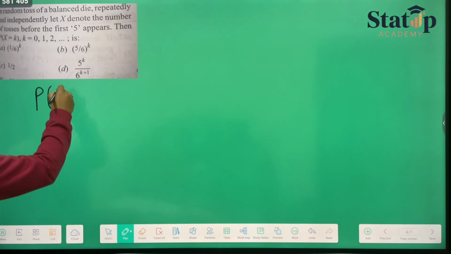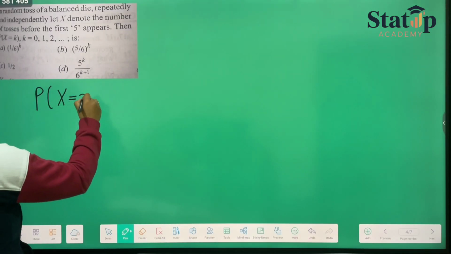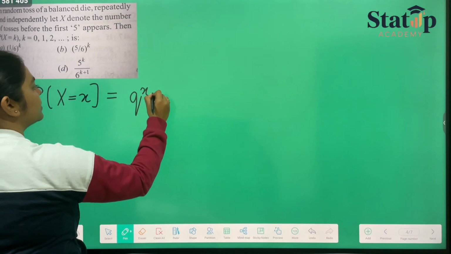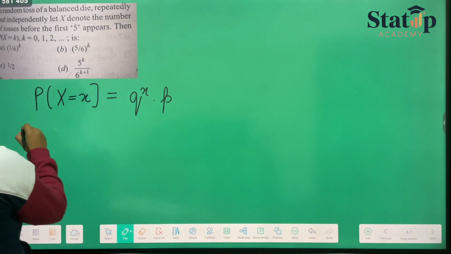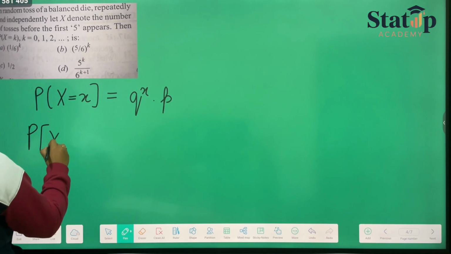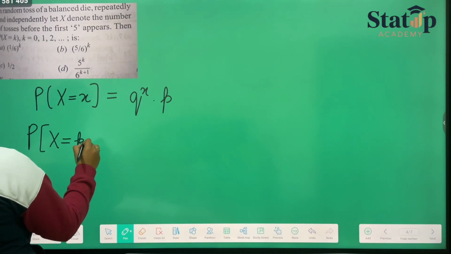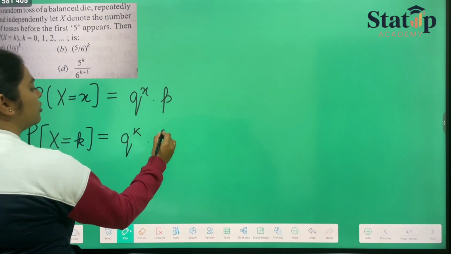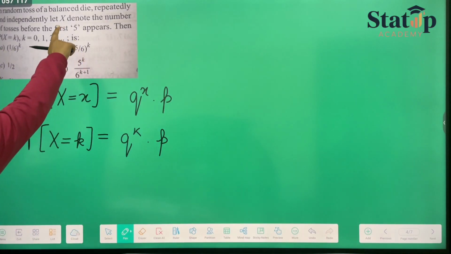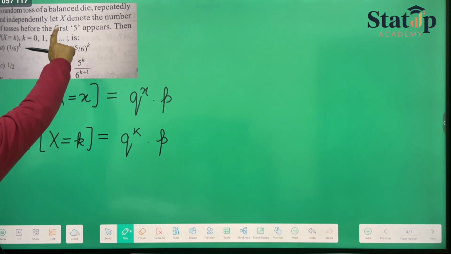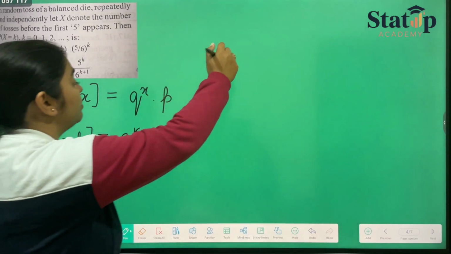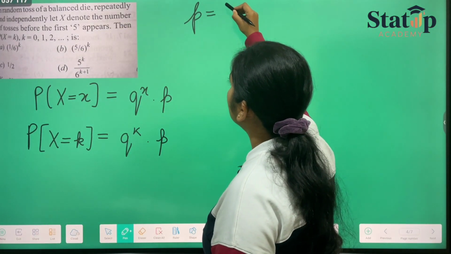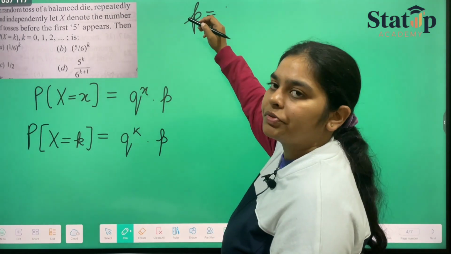Now we have discussed that the PMF of X is nothing but Q raised to the power X into P. Then probability of X equal to k should be equal to Q raised to the power k into P. Now here X denotes the number of tosses before the first 5 appears. That means the probability of success is 5 appearing on the die.